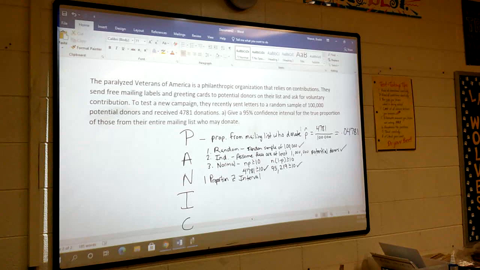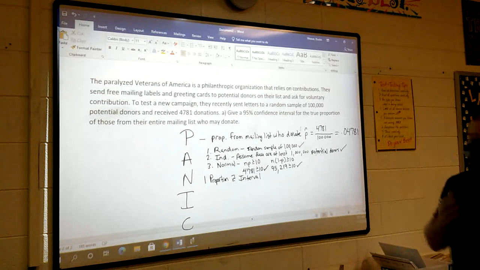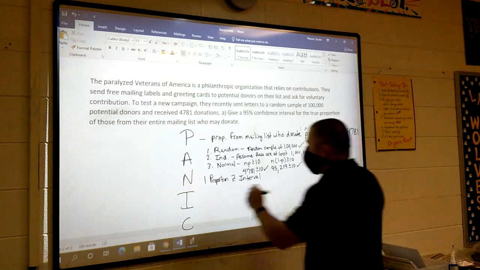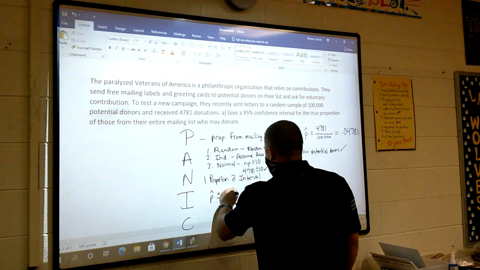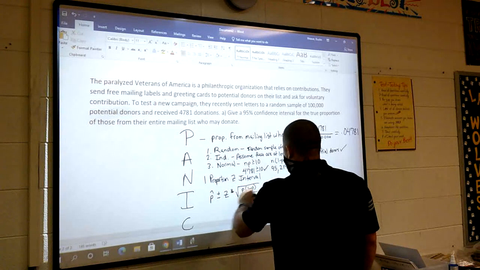The interval now, again, this time, let me write it out just so you know what it is. And then I'll do it on the calculator. But you do need to know the formula because multiple choice and other things are going to require you to.